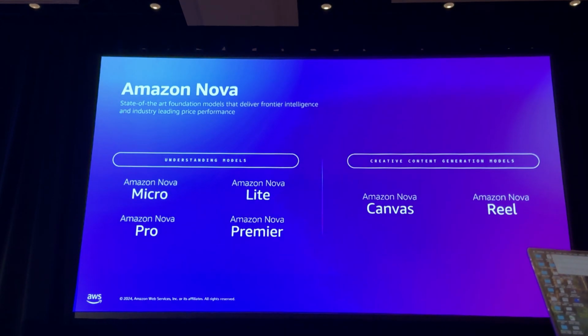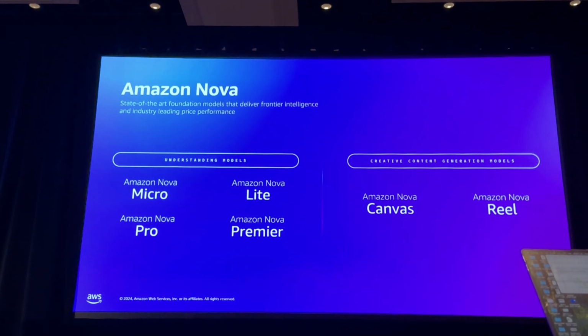As part of the understanding models, we have 4: Amazon Nova Micro, Amazon Nova Lite, Nova Pro, and Nova Premier, where Premier is coming next year. The first category of models takes text, image, and video as input to produce text as output.